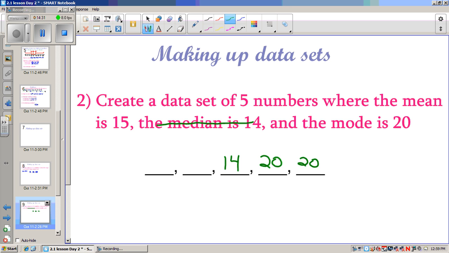And here's how we find the mean and what the mean needs to be. The mean, if you remember correctly, is all of the numbers added up divided by how many there are. So the sum of all the numbers divided by the number of data points gives us our mean.